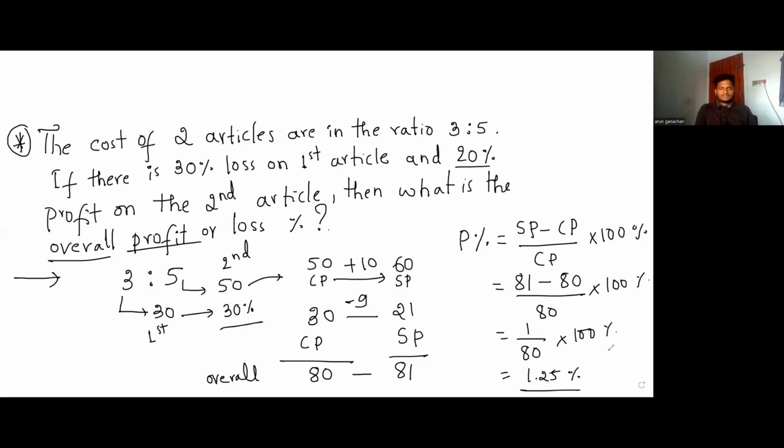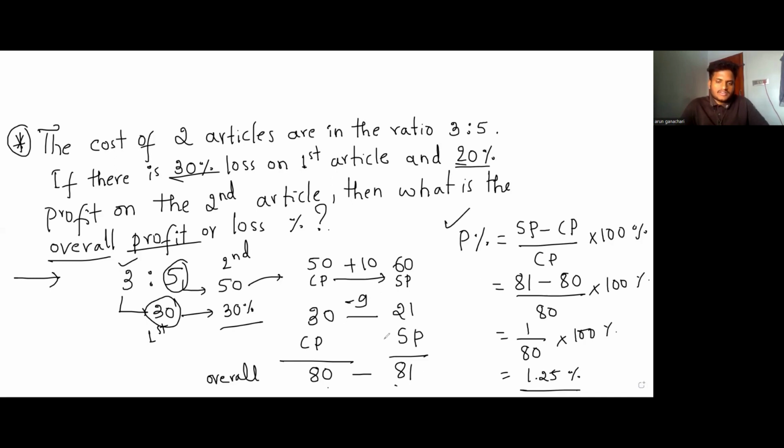So in the next one. The ratio was given as 3:5. So I took the first article's cost price as 30 and second article's cost price as 50. After doing that, we calculated on first article we had a 30% loss. So we calculated 30% of 30. What is 30% of 30? 9, because 10% is 3. So 30% will be 9. So CP minus loss will be your SP. So 21 is your SP. In the second article, we had a profit of 20%. So 50 plus 10 is 60. If we add both the cost prices, it will become 80. And if we add both the selling prices, it will become 81.